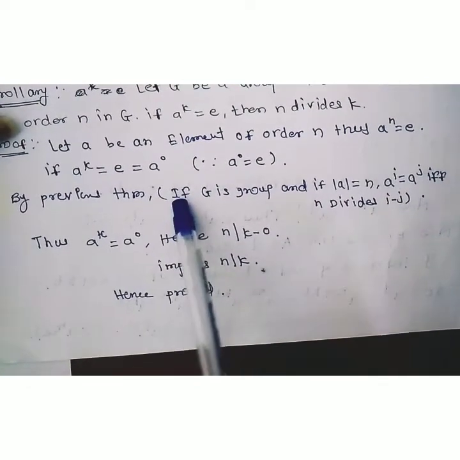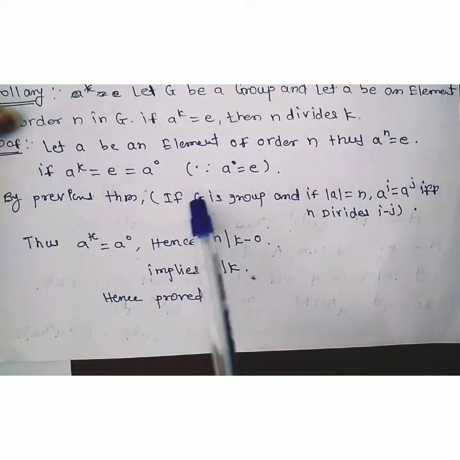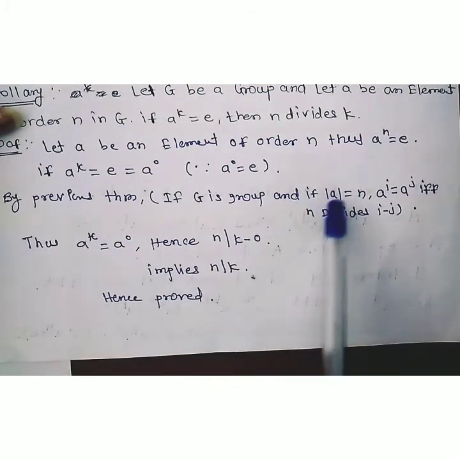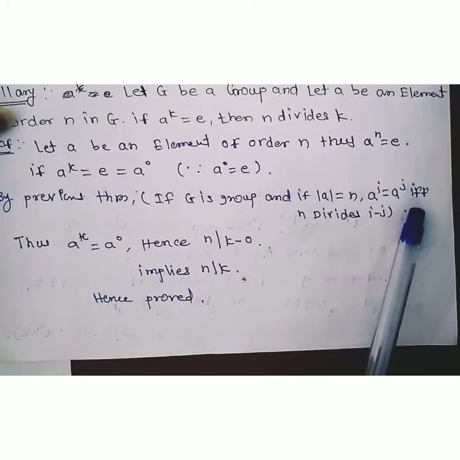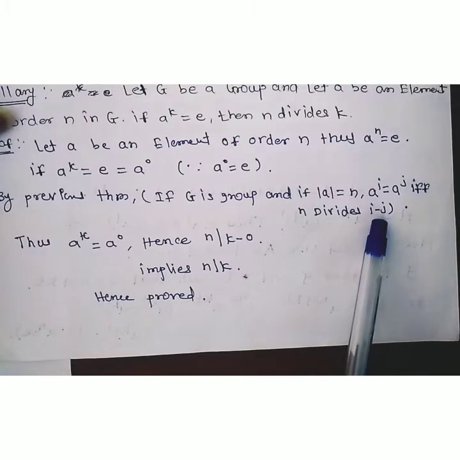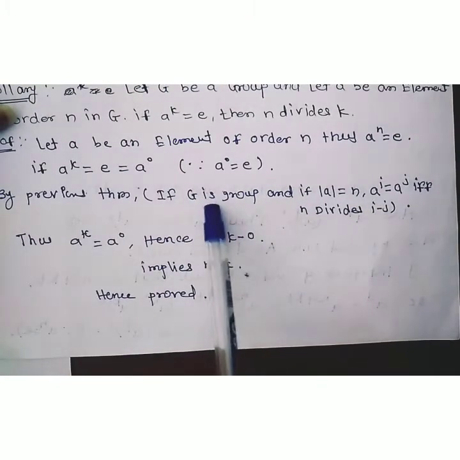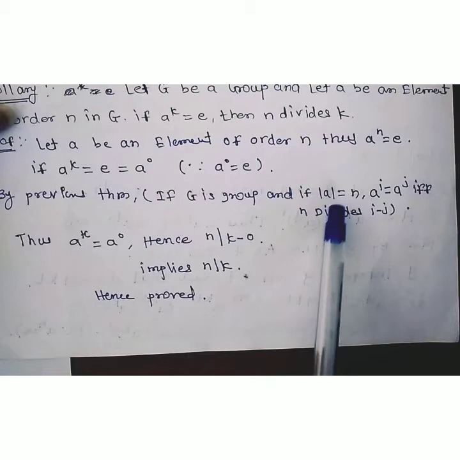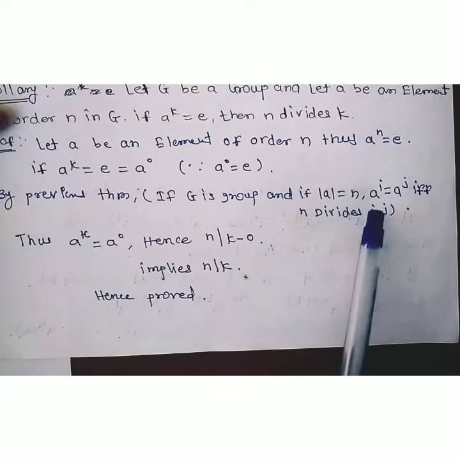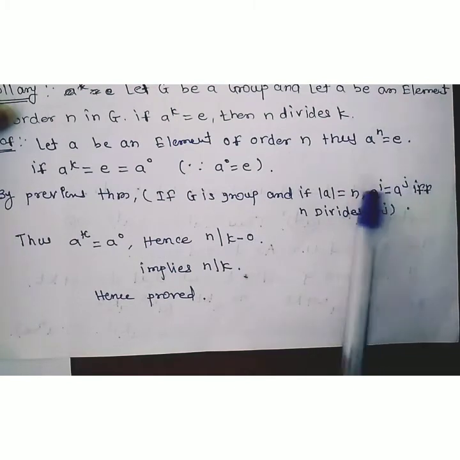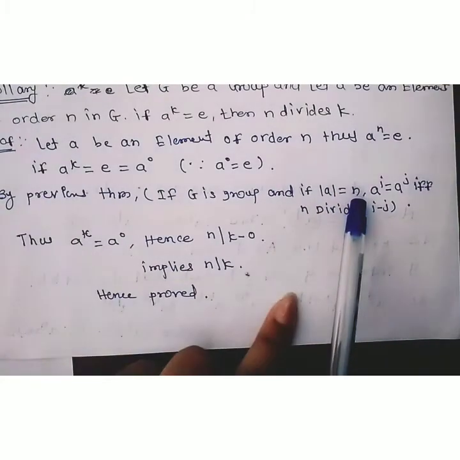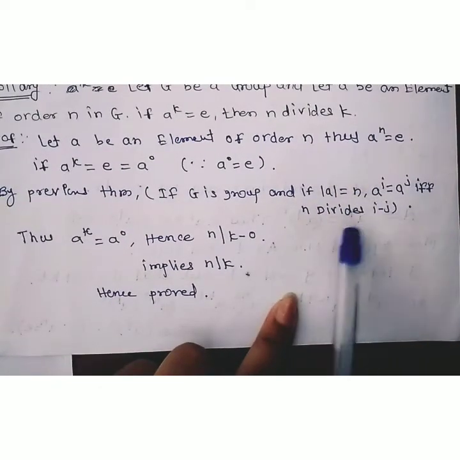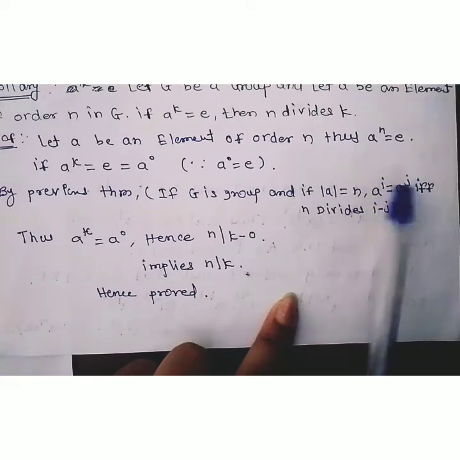In the second part of that theorem we discussed that if G is a group and the order of A is equal to n, then A raised to i is equal to A raised to j if and only if n divides i minus j.